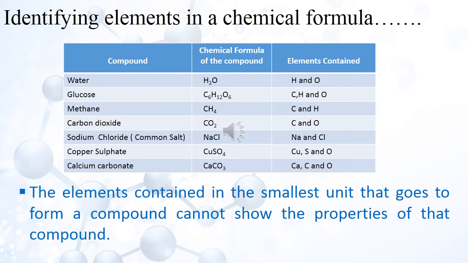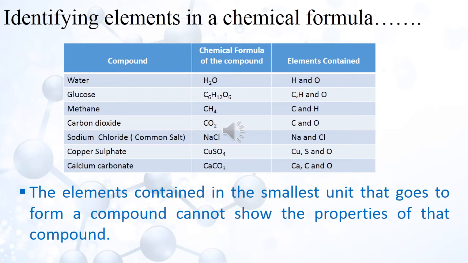Always we write an element starting with a capital letter. Some elements have one simple letter as a support. So we'll see the glucose compound, C6H12O6.